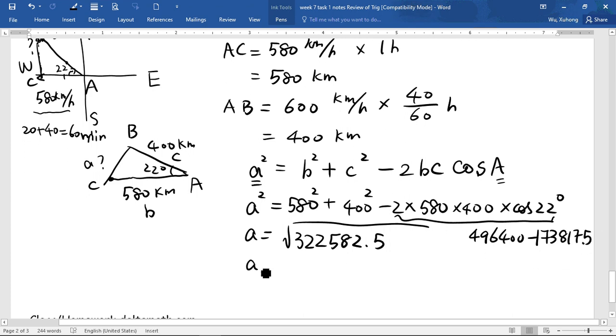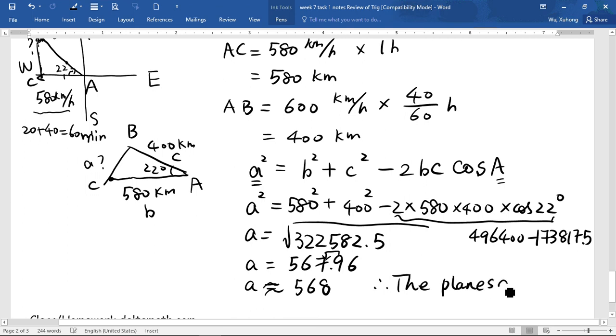Then square rooted, you will have 567.96. Because the given information has no decimal places, we round it to the whole number, 568. Then write the statement: the planes are 568 kilometers apart.